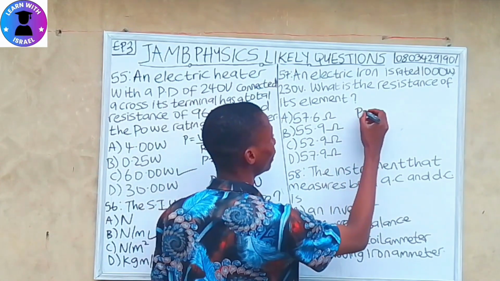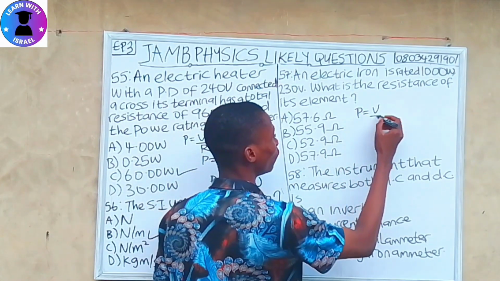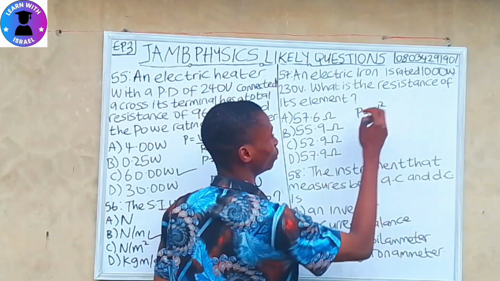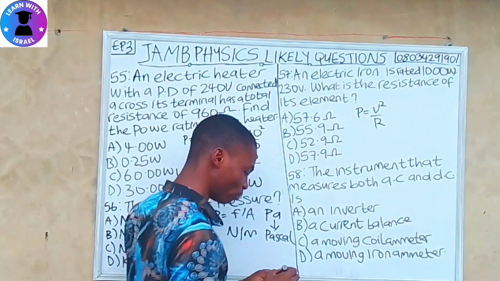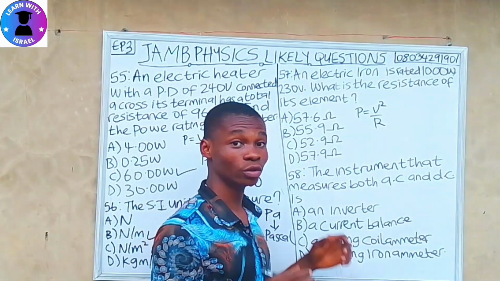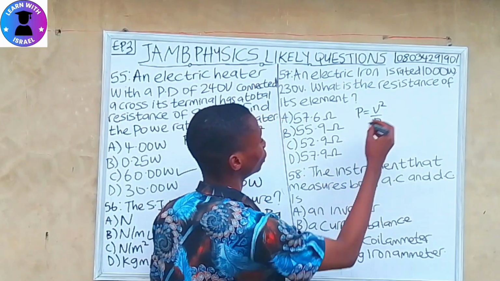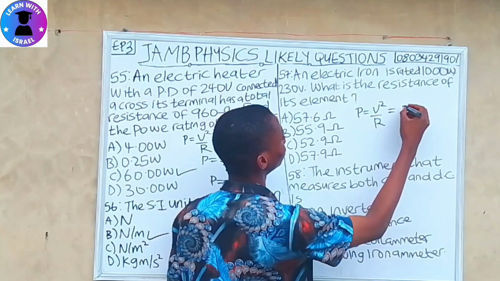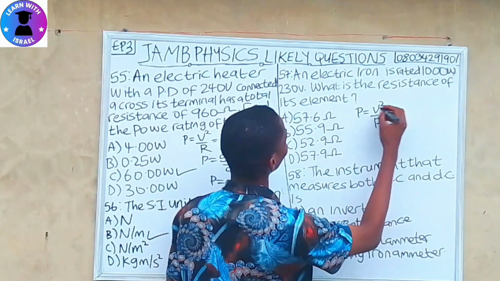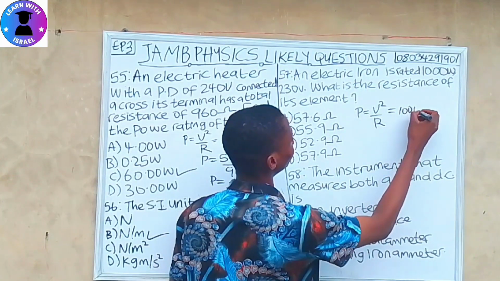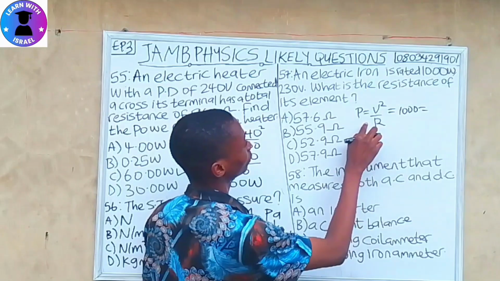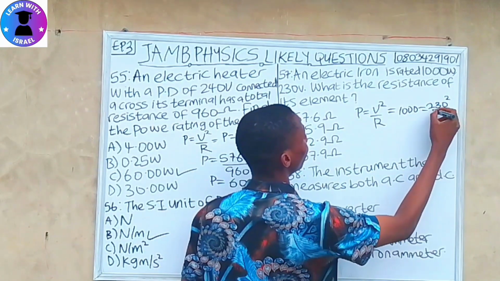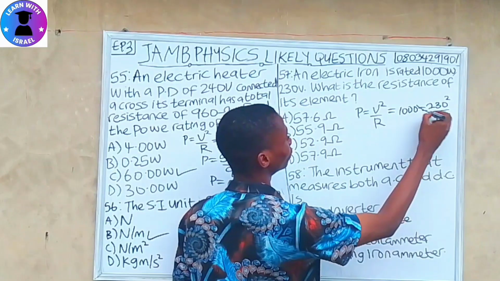Just write out the formula: P is equal to V squared over R. Don't forget to put the square. Once you don't put the square, there's no way you can get the answer correctly. So P is 1000, V is 230, so 1000 equals 230 squared all over R. Let's cross multiply.